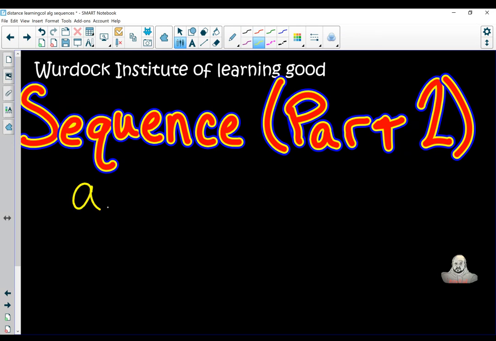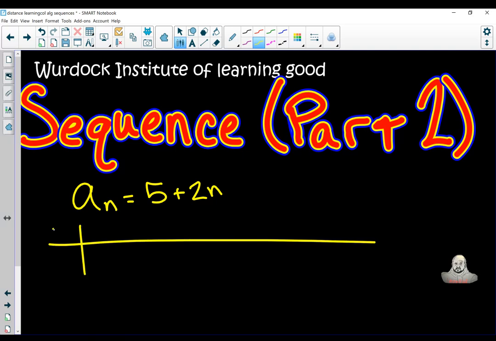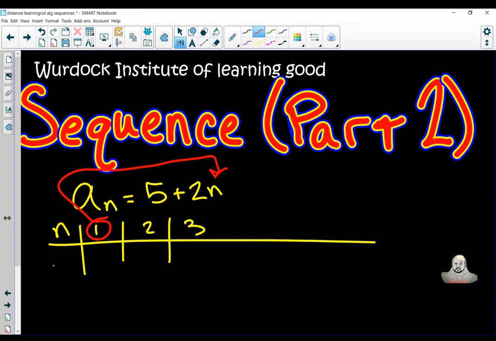If I give you this algebraic expression, we could put different n values in there, like 1 and 2 and 3. So for instance, if I take 1 and put it in here, you're probably all shouting at me that term a sub 1 is 7.